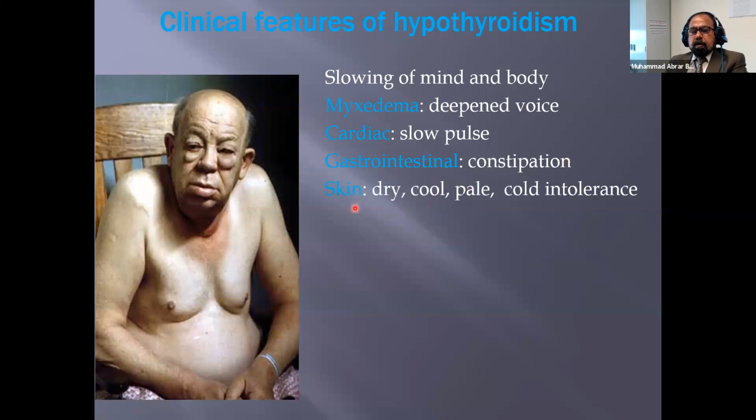The skin will be dry, cool, pale, with cold intolerance. In hyperthyroidism it was warm, moist, sweating, with heat intolerance. Here there is cold intolerance, delayed reflexes, and myxedema of the face, and coma.